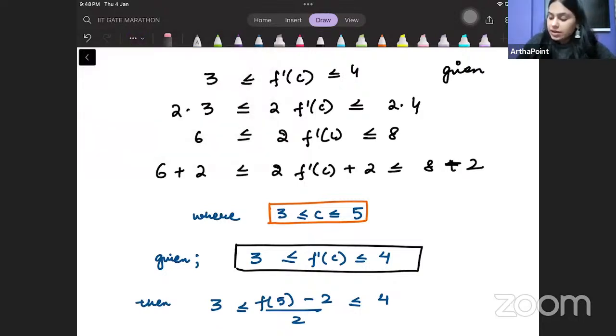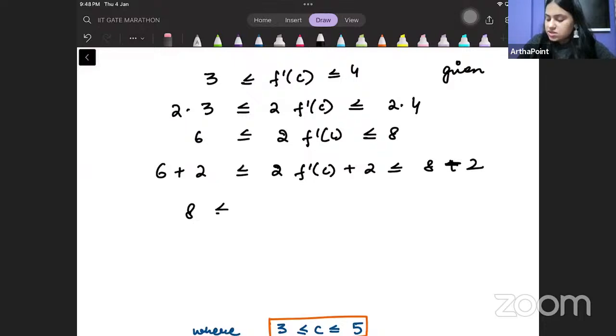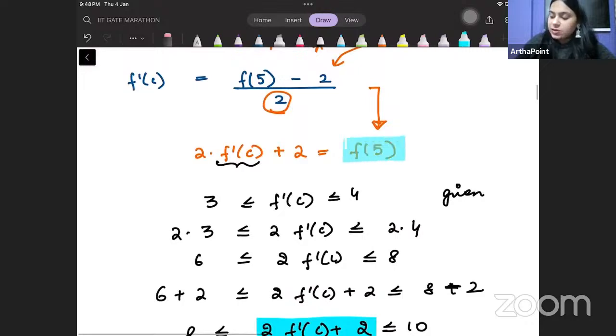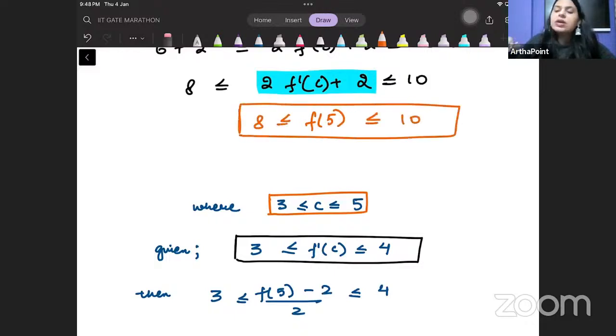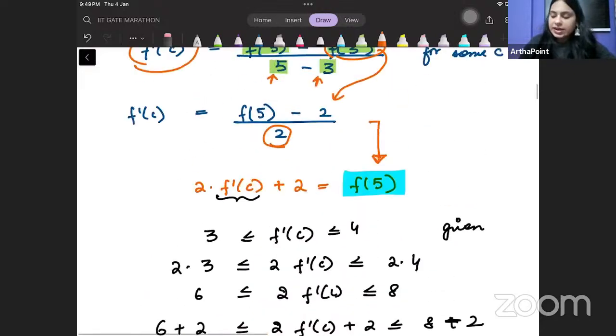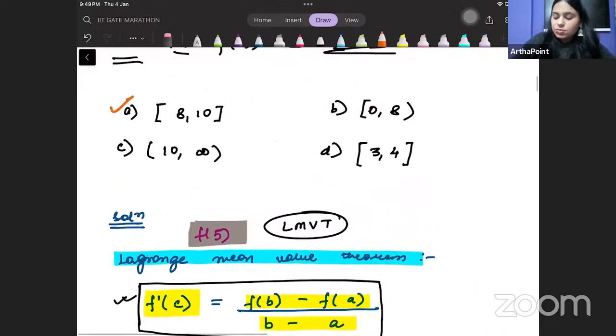So this is 8 and this is 10. But this 2f dash c plus 2 is nothing but f of 5. Right? So I can just replace this with f of 5, which will lie between 8 to 10. So the interval that I have got is going to be between 8 to 10, right?